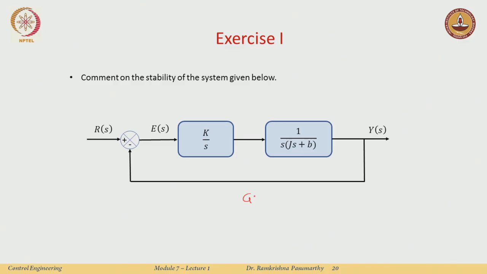The total G of s, if I call this the open loop transfer function, G of s here is k over s squared (Js plus b). Okay. Now, let me say k equal to 1, J equal to 1, b equal to 1, and I ask, is the closed loop system stable?